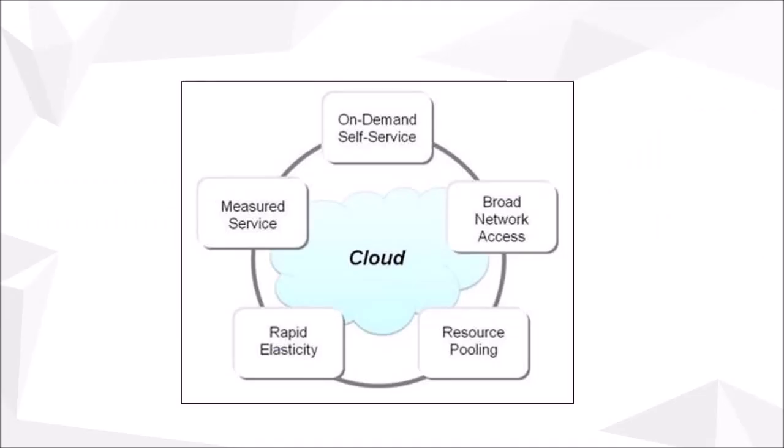Now let us see the essential characteristics of cloud computing. The essential characteristics can also be regarded as the user requirements on the cloud. So let's first take broad network access. Cloud computing provides broad network access as its resources are available over the network and can be accessed by diverse customer platforms.